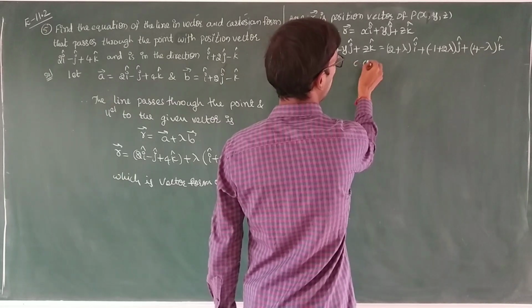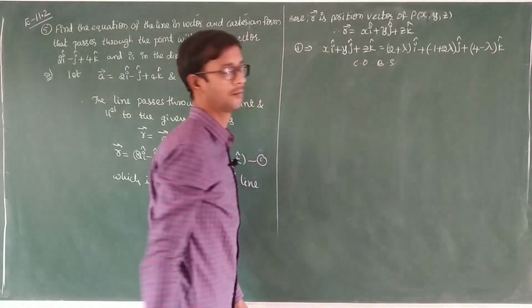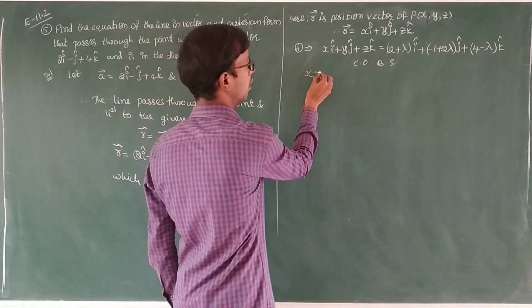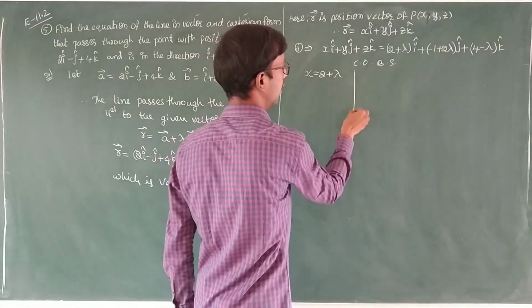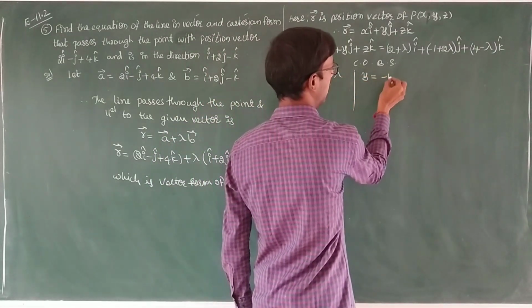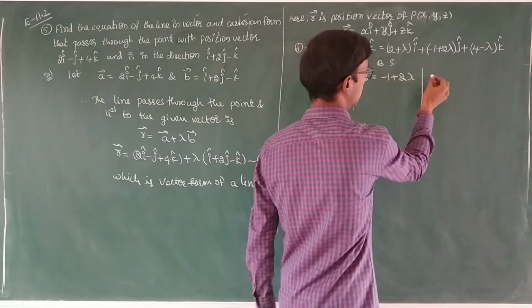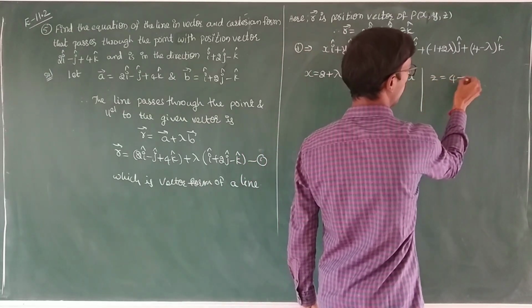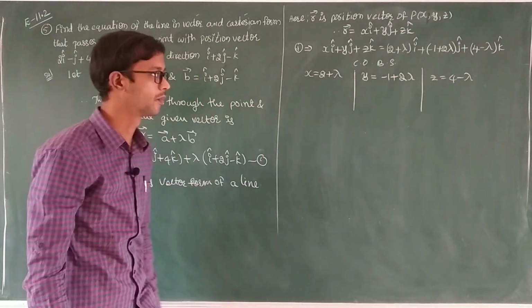So now comparing on both sides, x is equal to 2 plus lambda, y is equal to minus 1 plus 2 lambda, z is equal to 4 minus lambda.